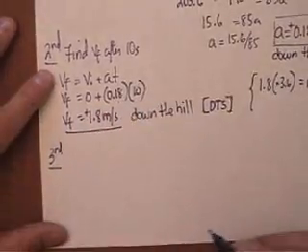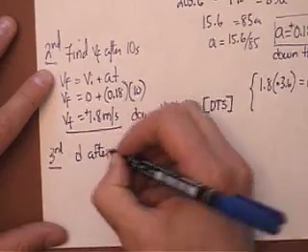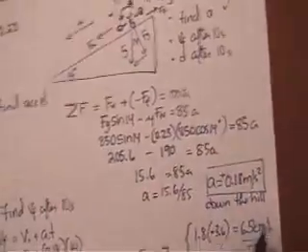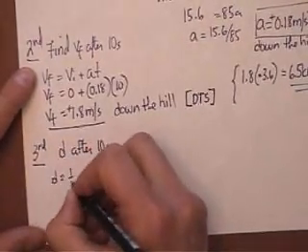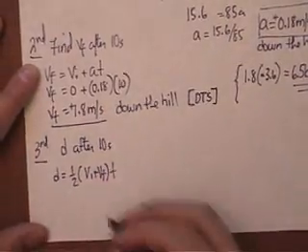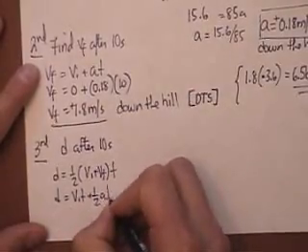Third, we want to find our distance traveled after 10 seconds. So they start here. How far are they after your 10 seconds of flipping down the hill? You can use D equals 1/2 (Vi plus Vf) t. You can use D equals Vi t plus 1/2 a t squared.